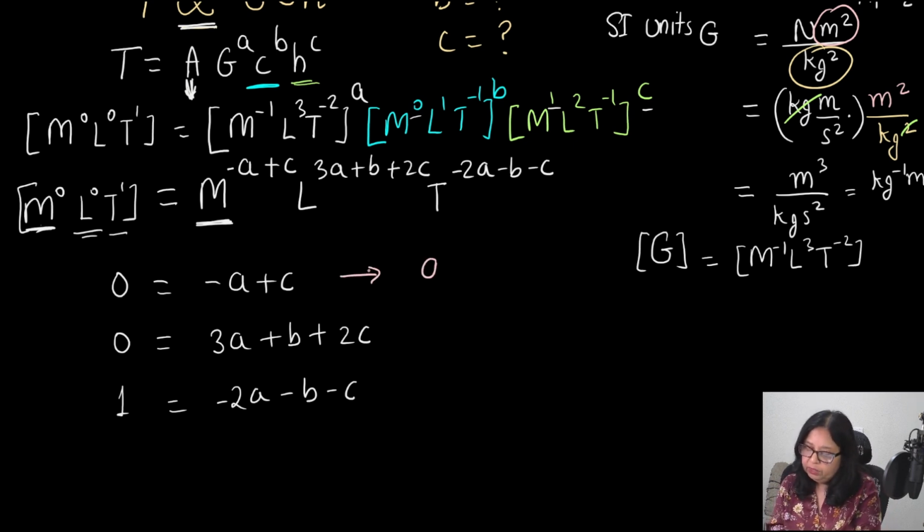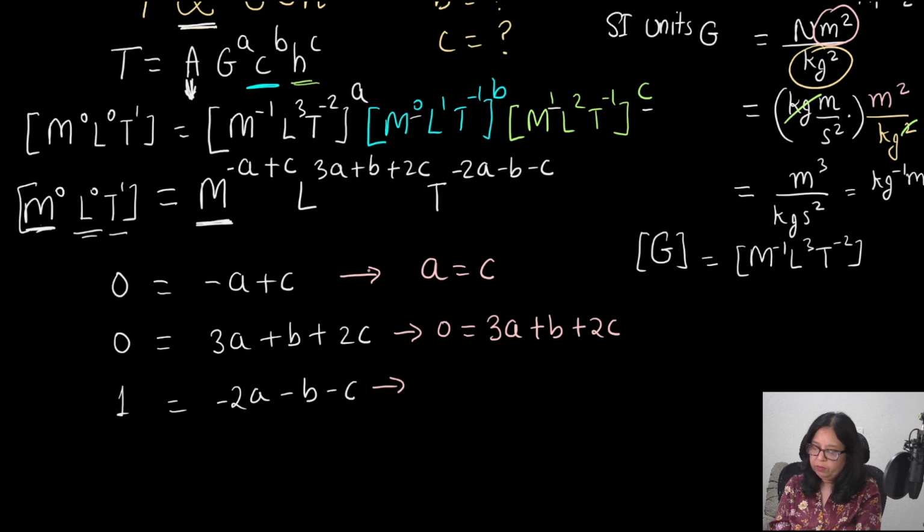This first equation gives us A equals C. So in the second and the third equation, I'm going to replace C by A. 0 equals 3A plus B plus 2C, and 1 equals minus 2A minus B minus C.